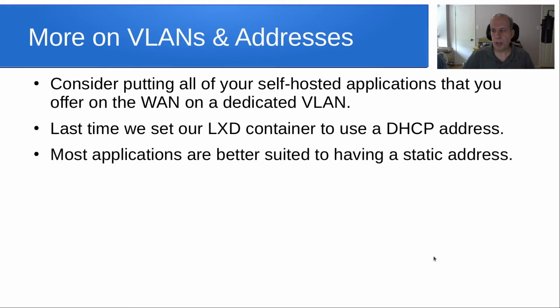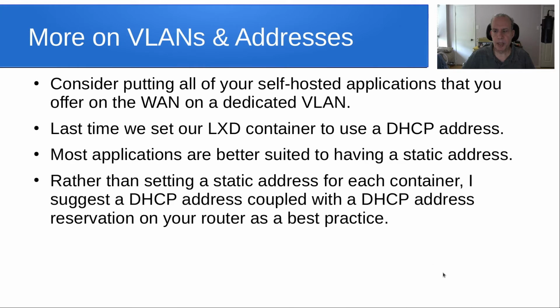Most applications are better suited to having a static address. Rather than setting a static address for each container, I suggest a DHCP address coupled with a DHCP address reservation on your router to achieve the same thing as a best practice.